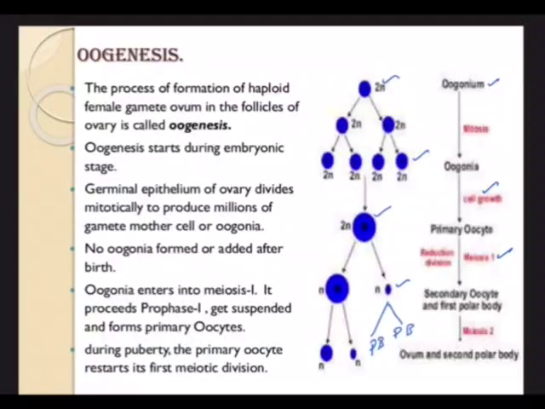The secondary oocyte will undergo meiosis 2 and form one functional ovum. This is the functional ovum, and this is the polar body.